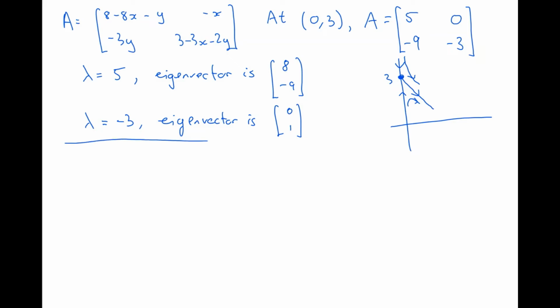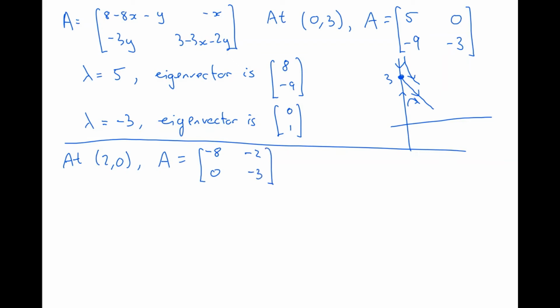And finally, at 2, 0, the Jacobian derivative matrix is negative 8, negative 2, 0, negative 3. Eigenvalues are negative 8 with eigenvector 1, 0, and negative 3 with eigenvector 2, negative 5.